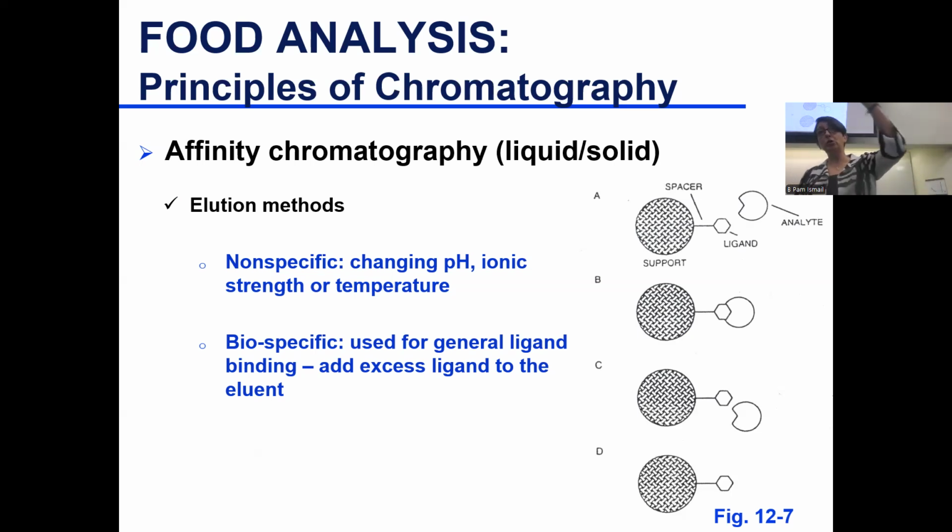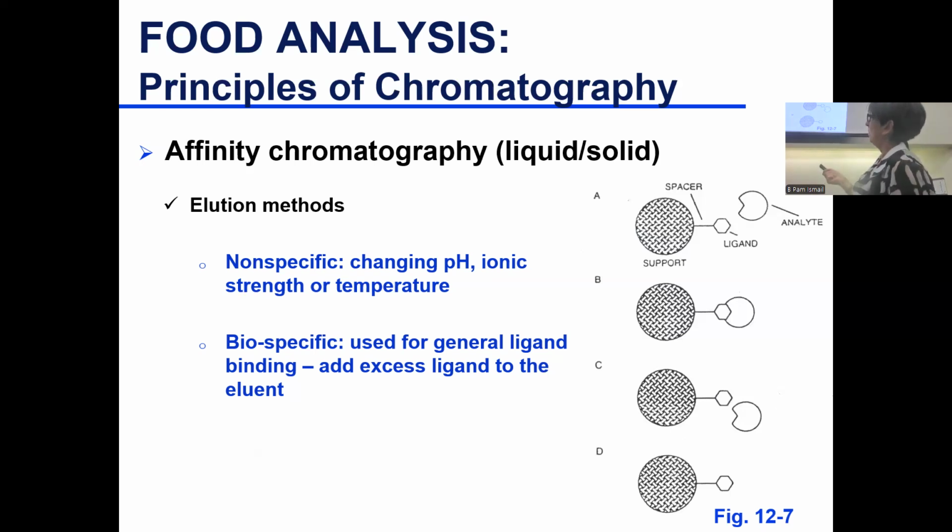If you increase temperature, this you should know from another class, I think with chemistry, you reduce hydrogen bonds and electrostatic bond interactions. So this is not a very specific way, but it can reduce the interactions and the analyte will leave your column or your stationary phase.